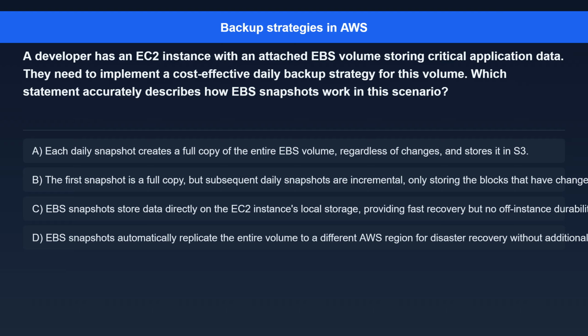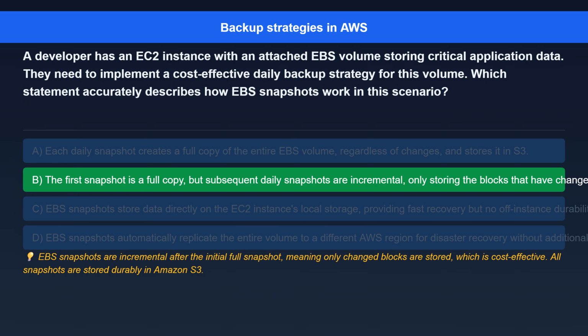Option C. EBS snapshots store data directly on the EC2 instance's local storage, providing fast recovery but no off-instance durability. Option D. EBS snapshots automatically replicate the entire volume to a different AWS region for disaster recovery without additional configuration.